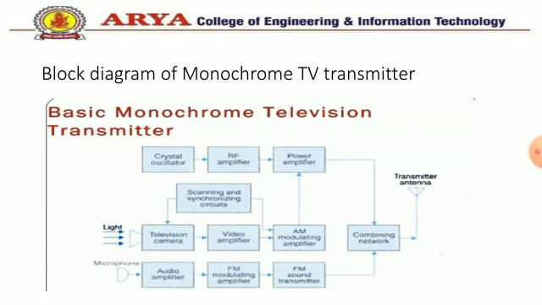Video has a bandwidth of about 5 megahertz, and audio has a bandwidth of about 20 kilohertz. The combination of both is forwarded by the transmitting antenna. In video we have amplitude modulation, and in audio we have frequency modulation.